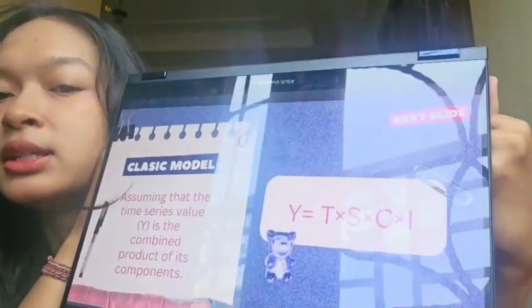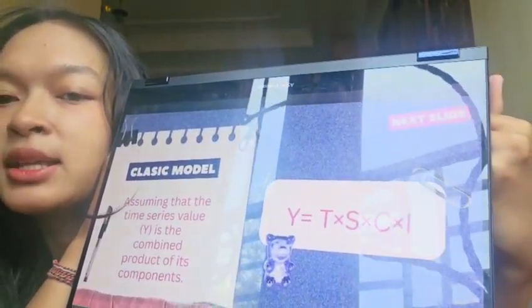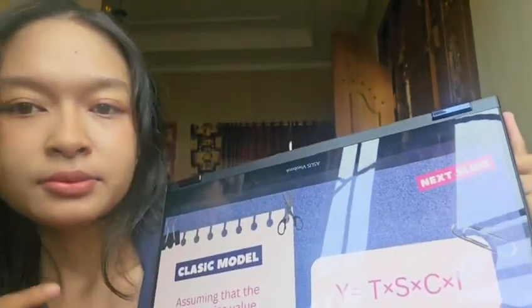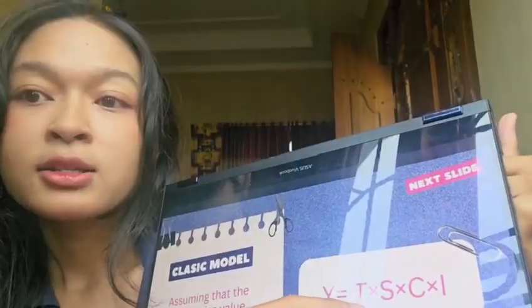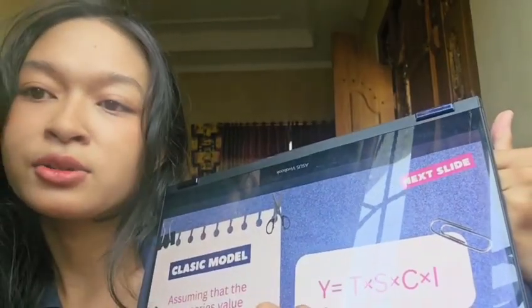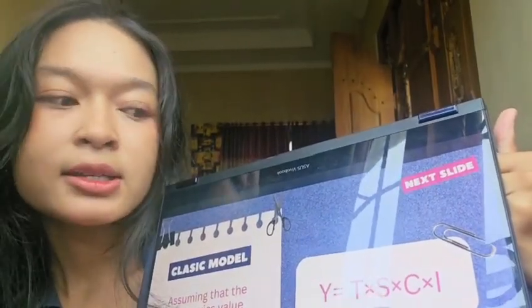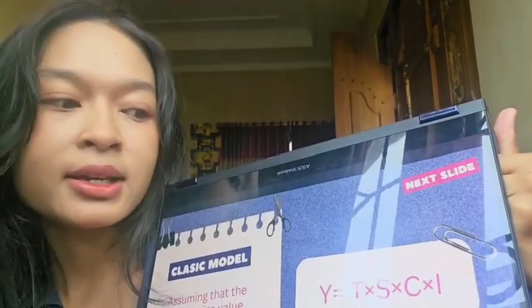So we get Y equals T times S times C times I. Y is the time series value, T is the secular trend, S is seasonal variation, C is cyclical variation, and I is irregular variation.